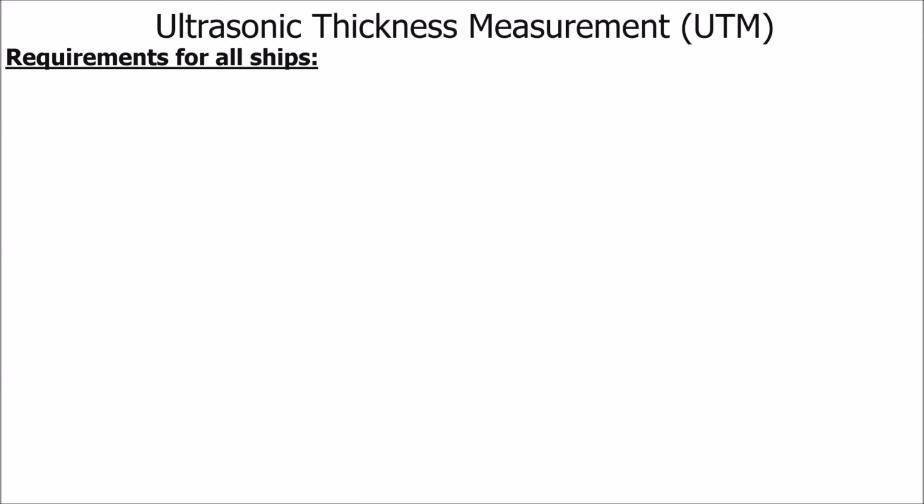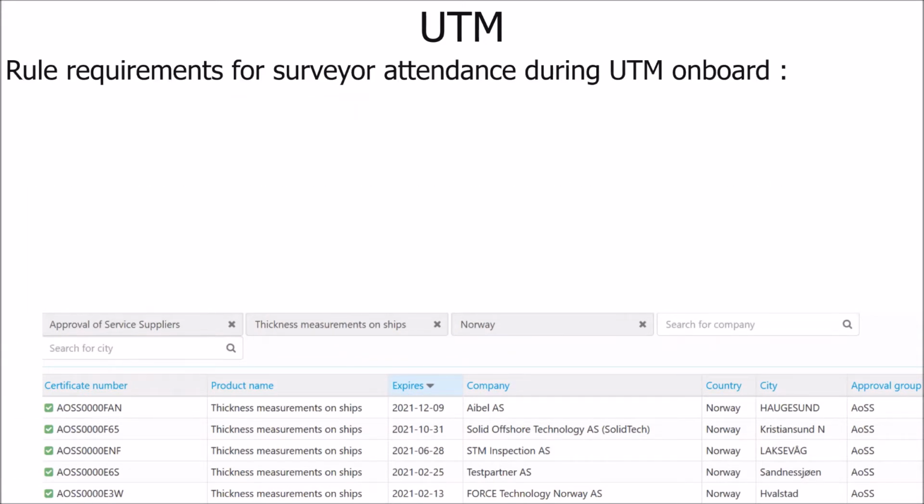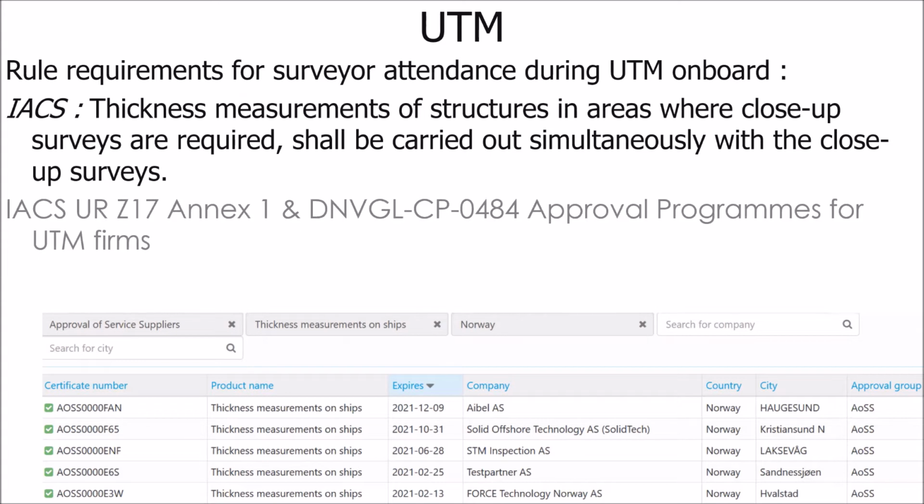About the UTM, we can see requirements for all ships, rule requirements for surveyor attendance during UTM on board, and IACS: thickness measurement of structures in areas where close-up surveys are required shall be carried out simultaneously with the close-up surveys. Okay, we have reference to IACS here and some additional requirements from DNVGL here.